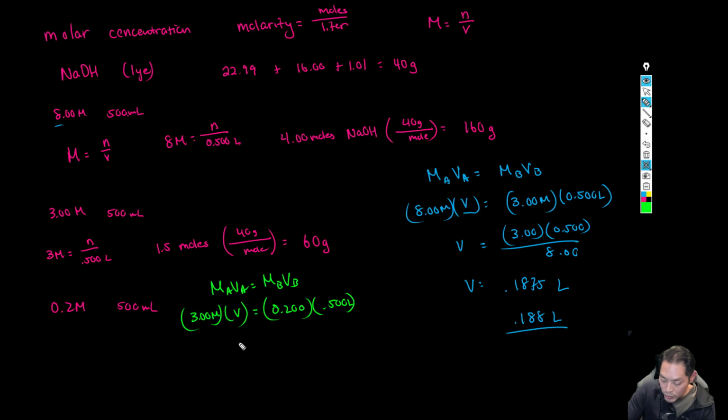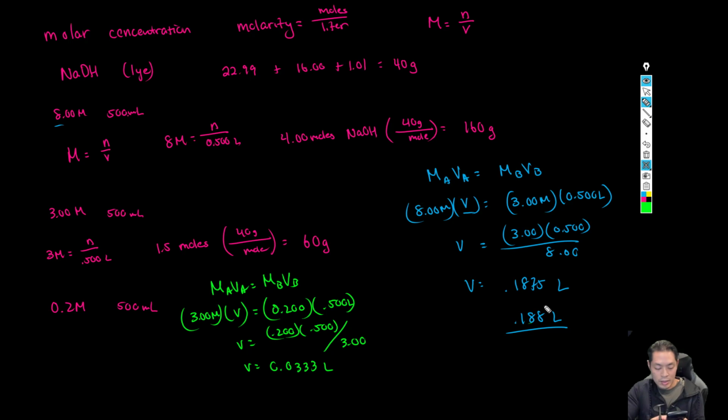And you just multiply out. So volume equals 0.200 divided by 3.00. So 0.2 times 0.5 divided by 3. So I need 0.0333 liters, or about 33. Oh, this is 100.